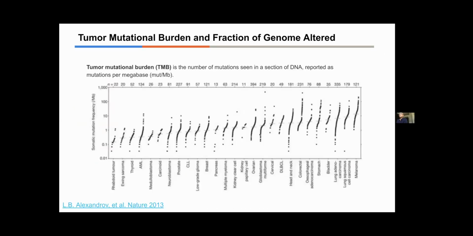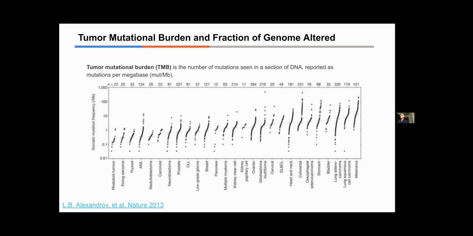Okay, and then just real quick, some of the biomarkers. I want to talk about tumor mutational burden. I talked about hypermutants. So if you think about the number of mutations reported per megabase, this is what you get across all cancers. This is some work that was published in 2013. Basically, the point of this is to show that depending on cancer type, there's more prevalence of a high mutation.